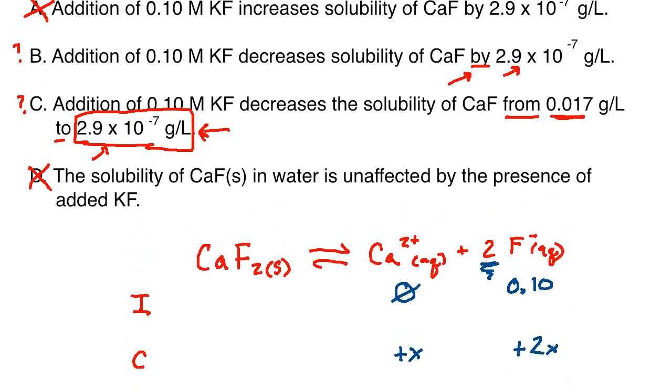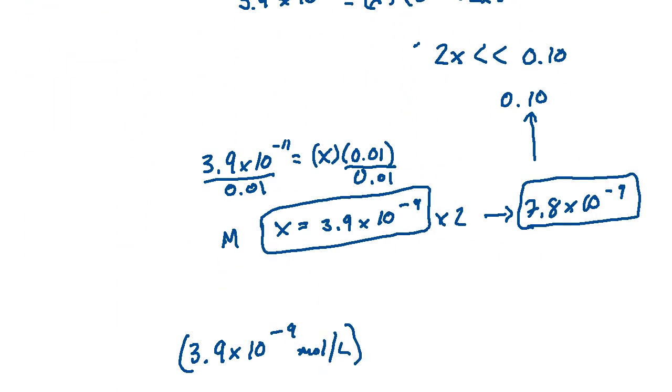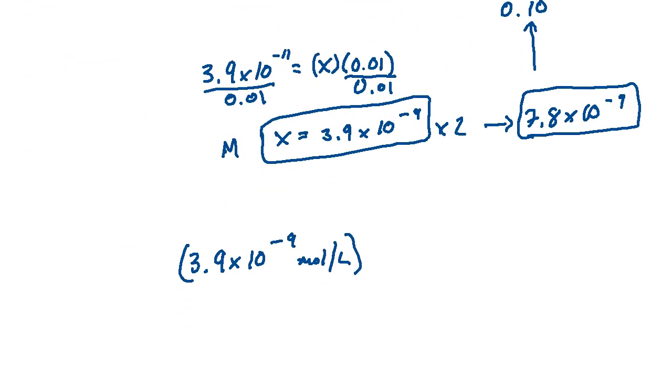The hint that we need to do that is that they give you this right here. We have to use the molecular formula: 1 calcium and 2 fluorines, which comes out to approximately 78 grams per mole.